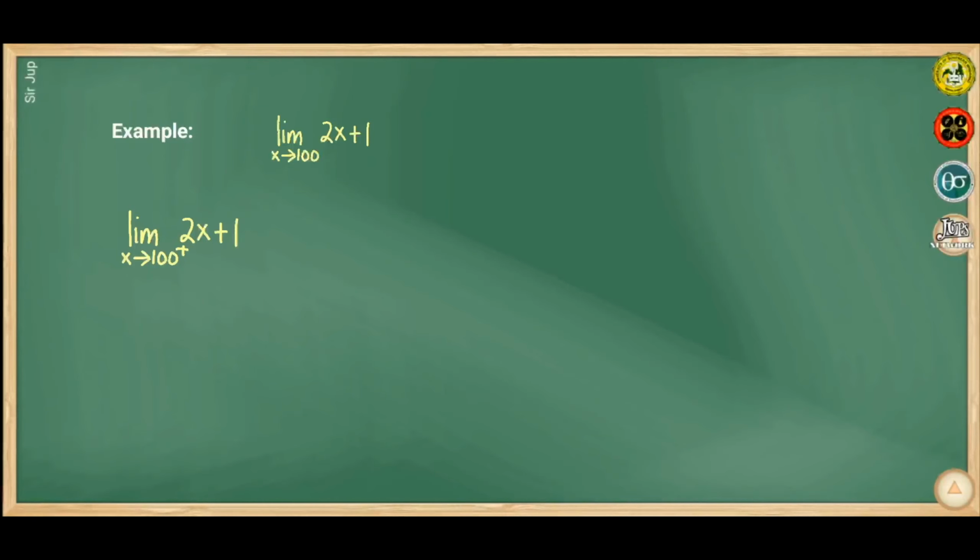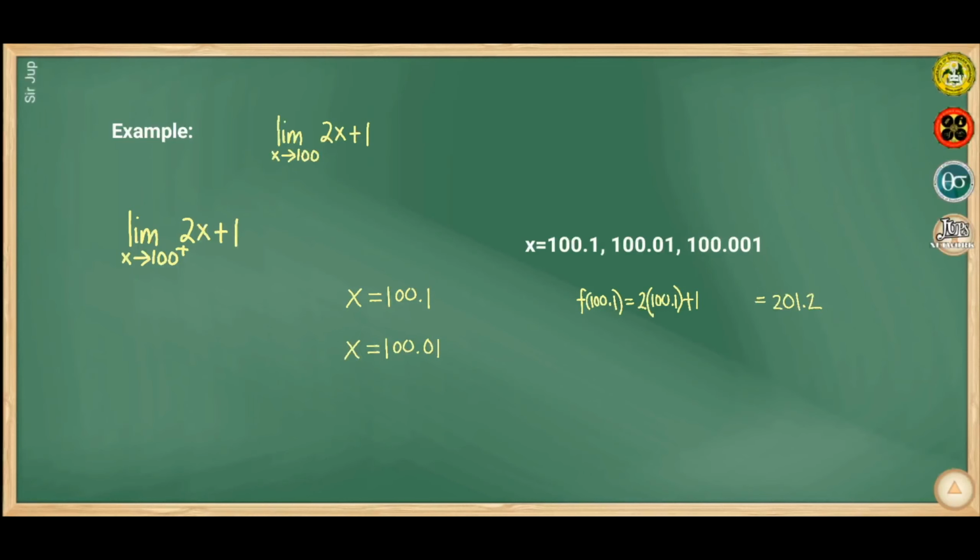So sa limit of 2x plus 1 as x approaches 100 from the right, we can consider x equals 100.1, 100.01, and 100.001 kasi greater than 100 sila at the same time close to 100. Okay, so if x equals 100.1, f of 100.1 is equal to 2 times 100.1 plus 1, which is equal to 201.2.